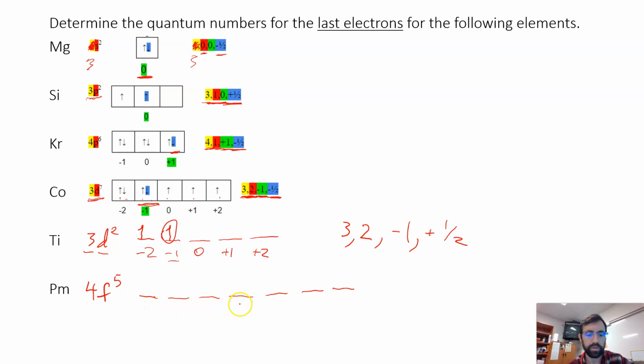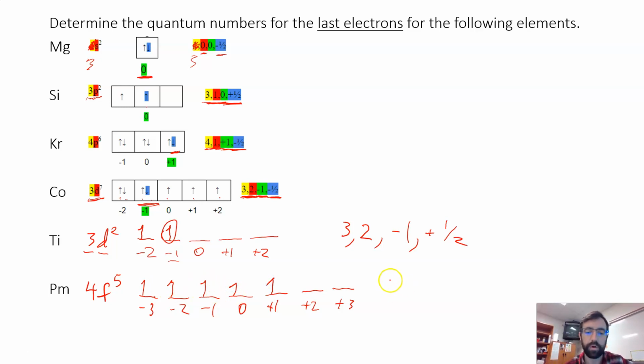Our middle orbital is going to be right here. -1, -2, and -3. And then I should have +1, +2, +3. Okay, for F5, I'm going to go up, up, up. That's 3, 4, 5.